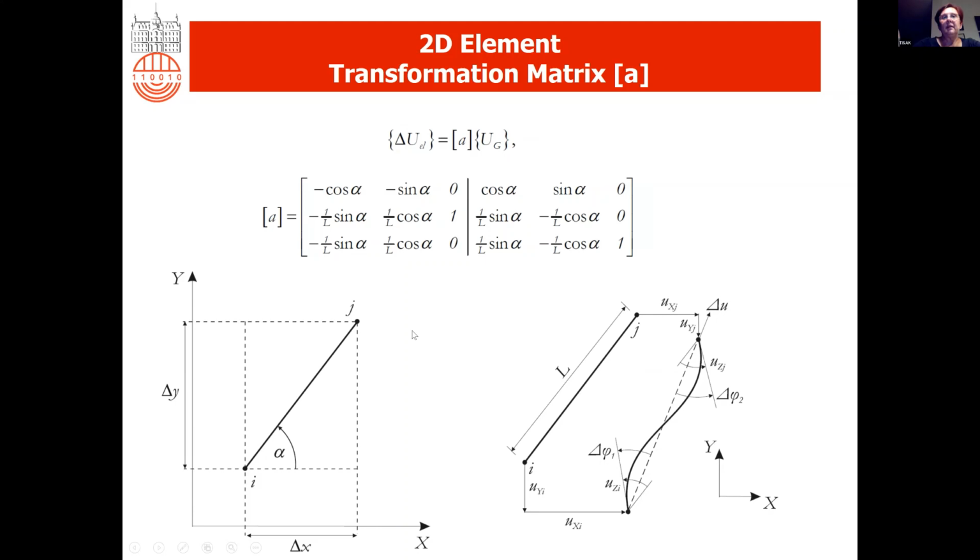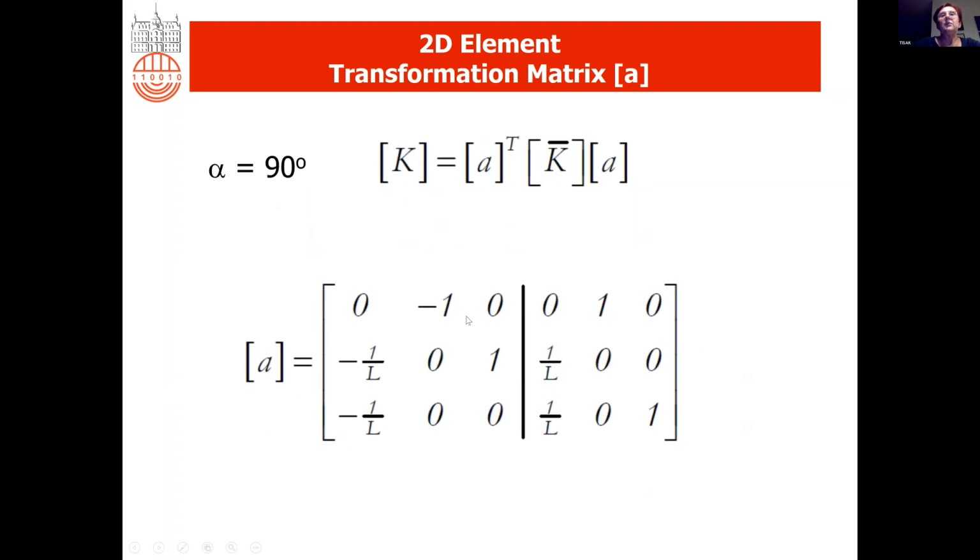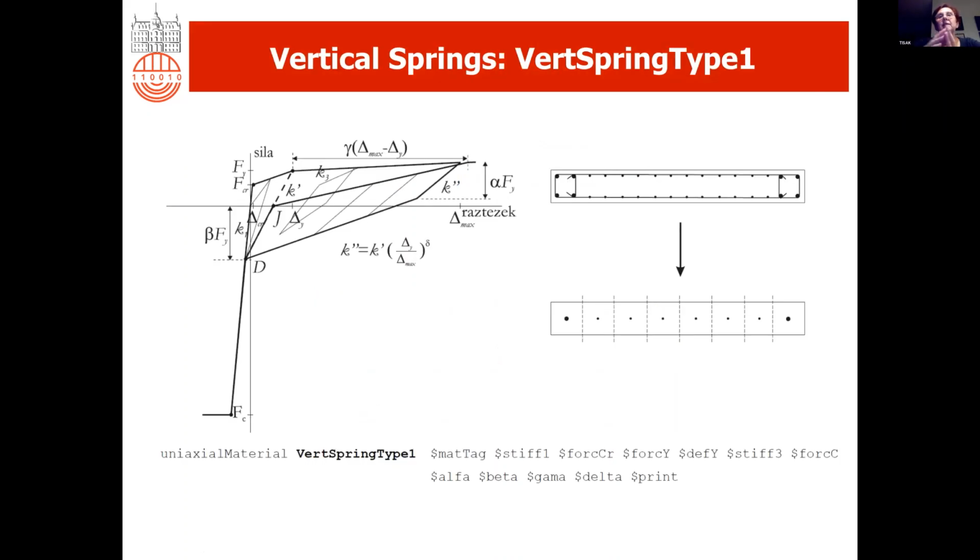But typically, this angle alpha is 90 degrees because the walls are typically vertical. So this is the typical transformation matrix taking into account that the walls are vertical. The stiffness matrix from the local system is transformed to the global coordinate system, and then the analysis is the same as for the other types of elements.